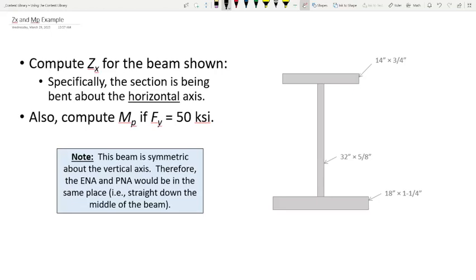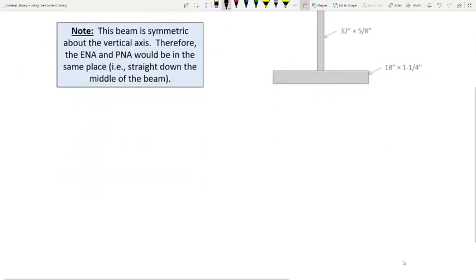Does everybody have this or working on it? While you're working on it, I will start to look at our calculations here.